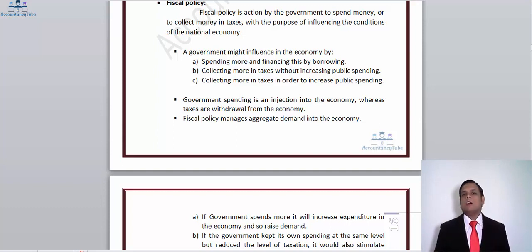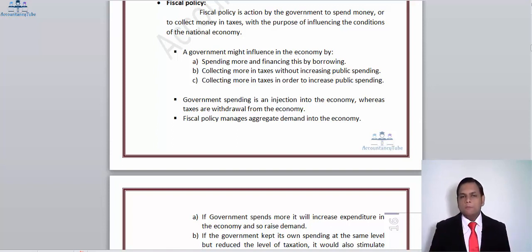Now, if the government starts to spend more into the economy, the producers will get an incentive because they don't have to worry about sales, whether the products will be sold. They will be more focused on production because they know that eventually their products will be sold. There's an increase in demand in the economy, and that demand is produced by the government.